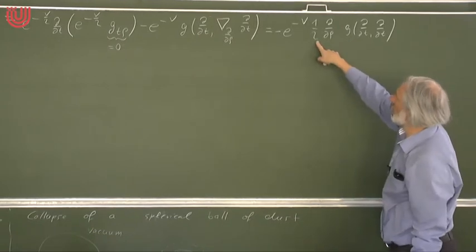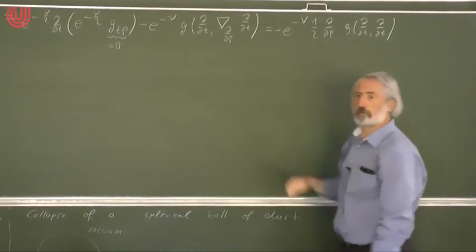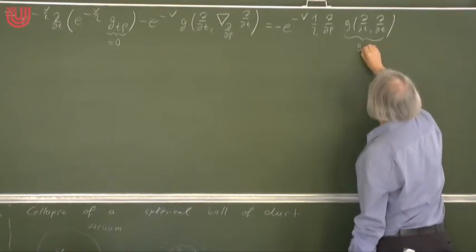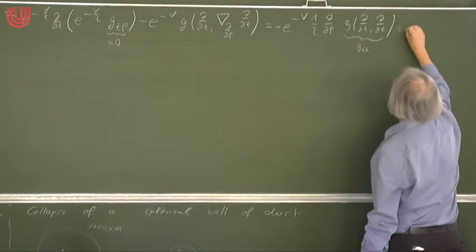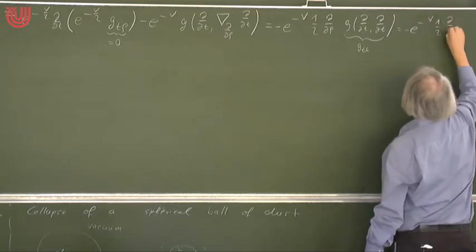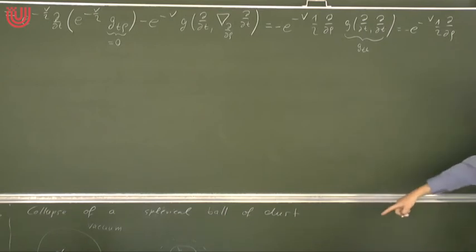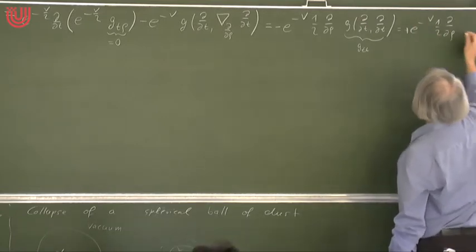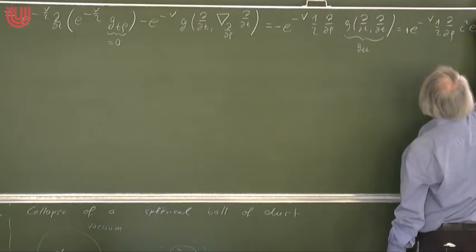The 2 cancels against this, and then I end up with this here. And here I have g tt. And g tt was minus c squared e to the nu.